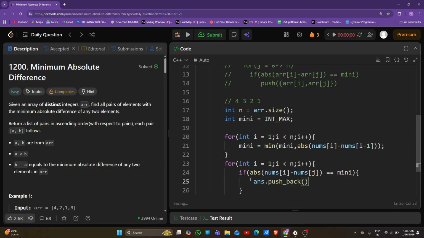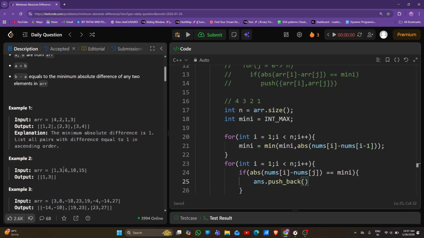Now we need to check the order. You can see our pairs are in increasing order, like 3 4. If we normally push nums of i first, the answer will be stored in backward manner.